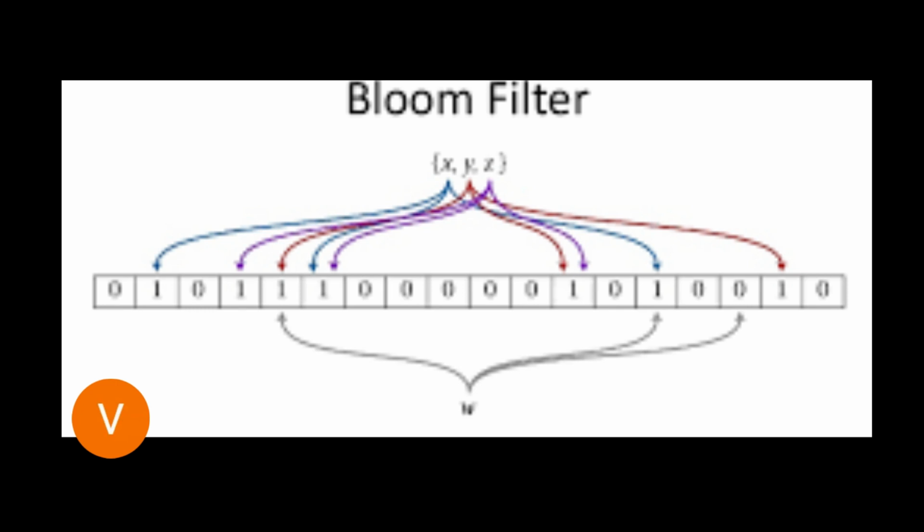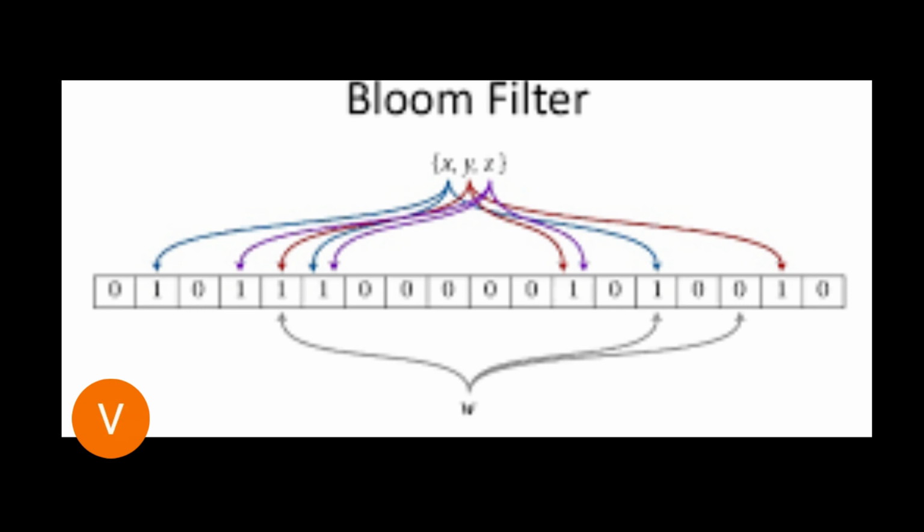When a bit is set, we cannot surely tell if it was Sachin who set the bit and is present in the database, or if it was Virat who set the bit and is present in the database.